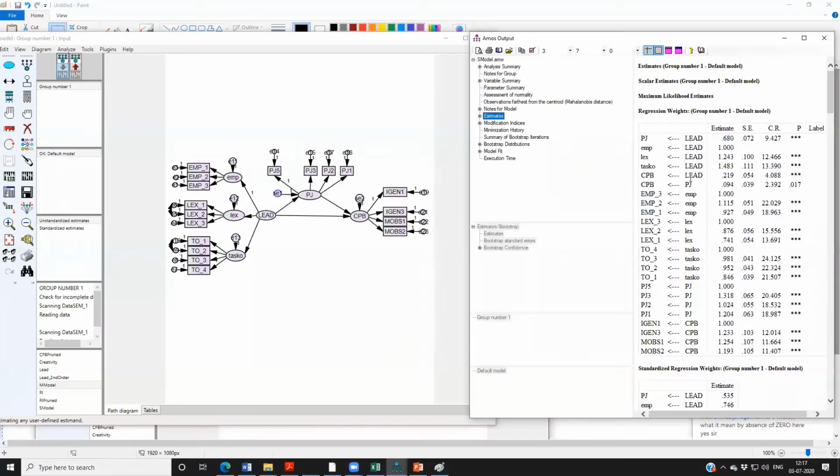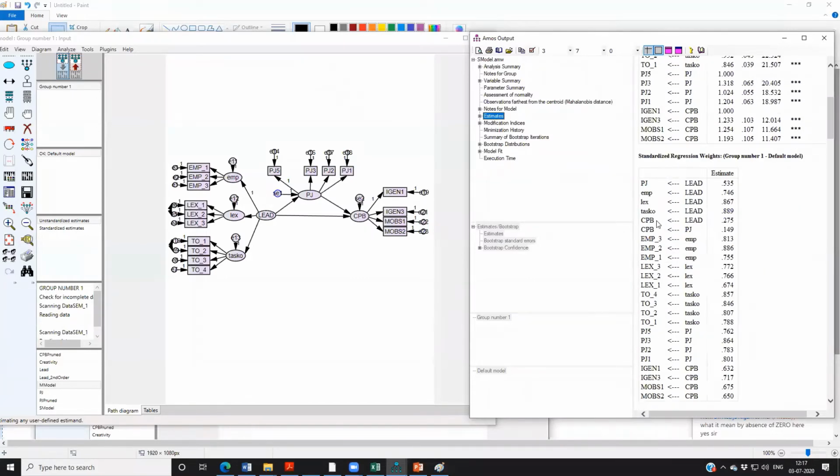Then leadership to CPB is 0.219 or 0.22, and this is also significant at P less than 0.001. Remember, three stars means less than 0.001. And then PJ to CPB is 0.09 and it is significant at P less than 0.05.